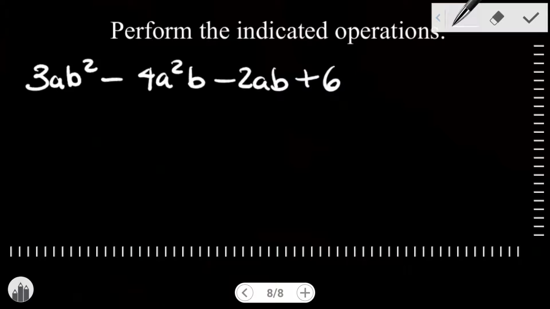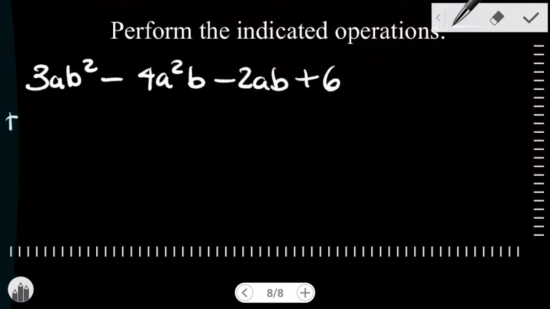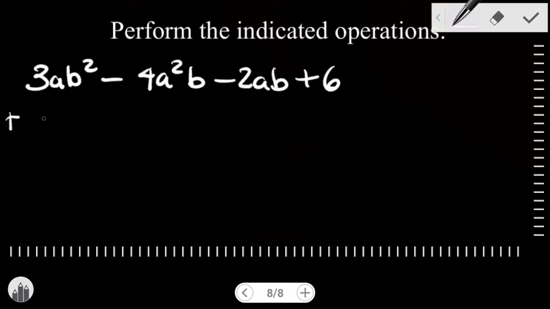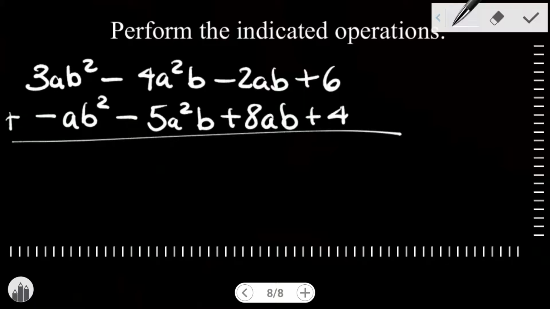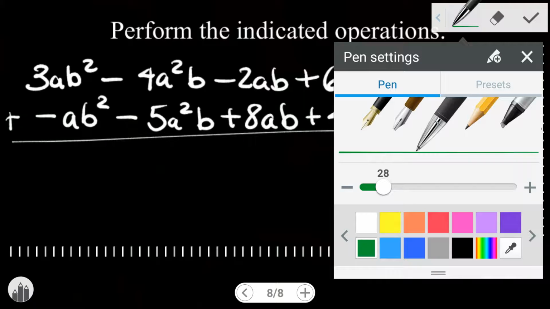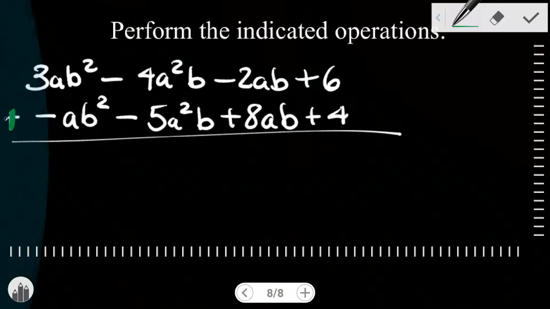So we're going to be adding this to negative ab squared minus 5a squared times b plus 8ab plus 4. So this is going to be adding.